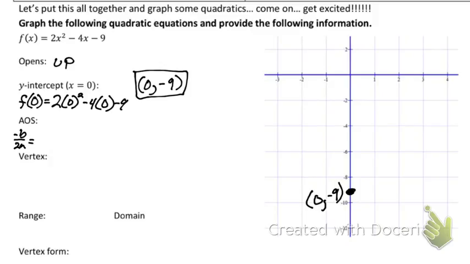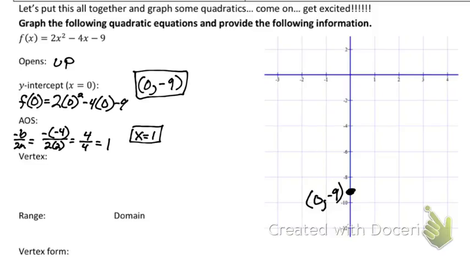In this case, our b value is negative 4, so we're going to have negative negative 4 all over 2 times my a value, which is 2. Negative negative 4 is a positive 4. 2 times 2 is 4. Our axis of symmetry is just x equals 1.